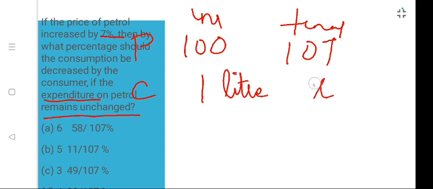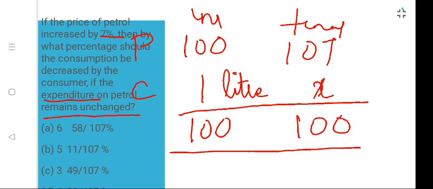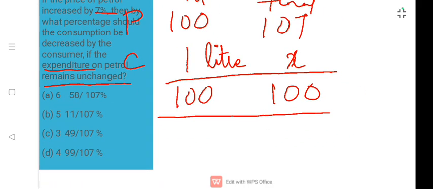We have to identify that. Here the total expenditure is: the price of the petrol initially is 100 rupees. He consumed 1 liter, so the total expenditure is 100. They told the final expenditure also remains unchanged, so here also it should be 100. According to this question, the final expenditure is 107 into x.